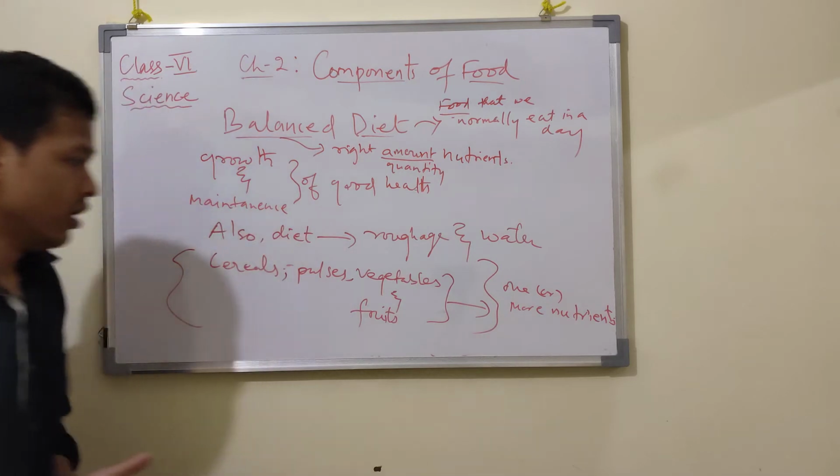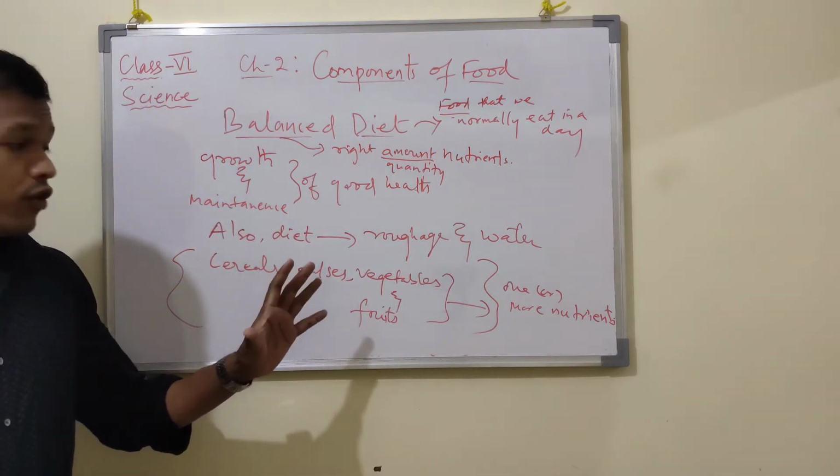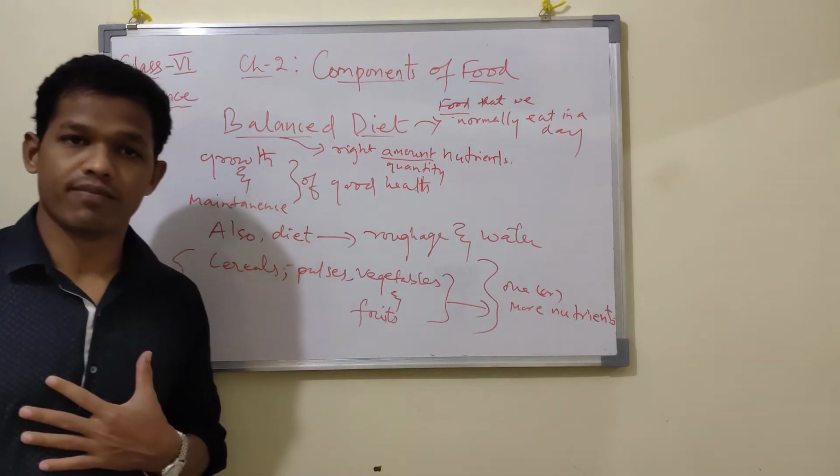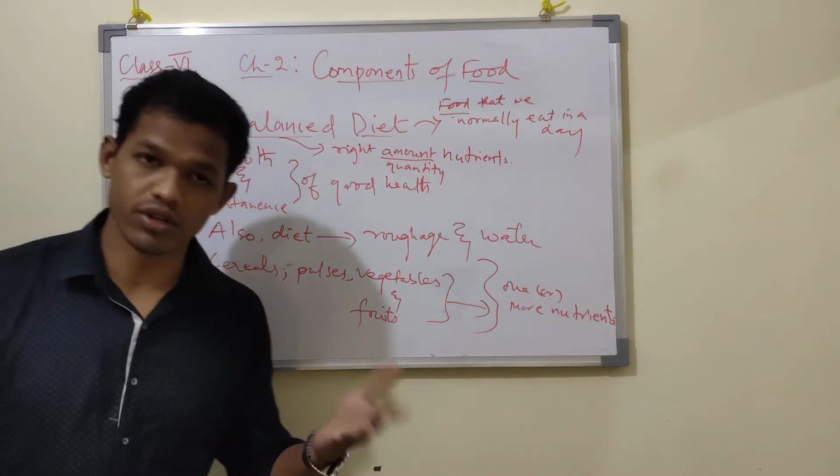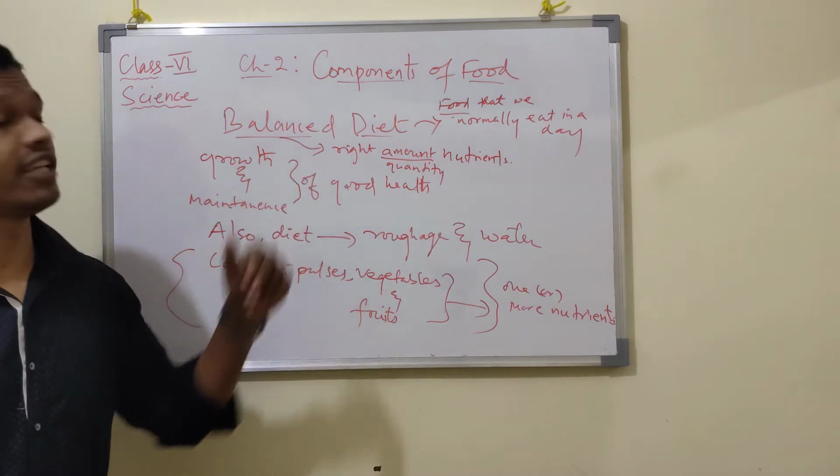Therefore we require nutrients in our body in the right amount. The right quantity of nutrients must be present in the food that we take in a day. That is known as balanced diet.